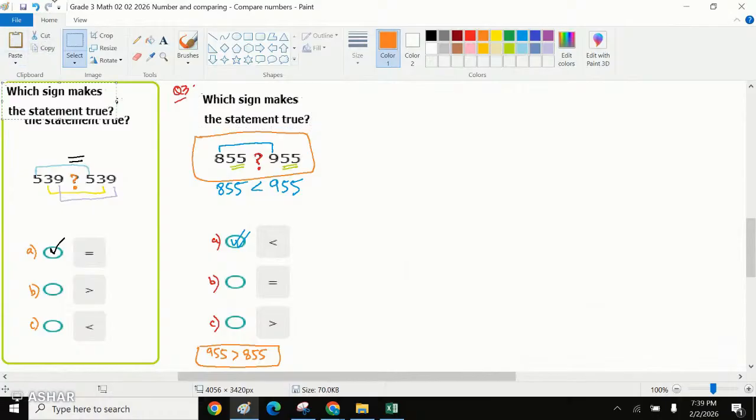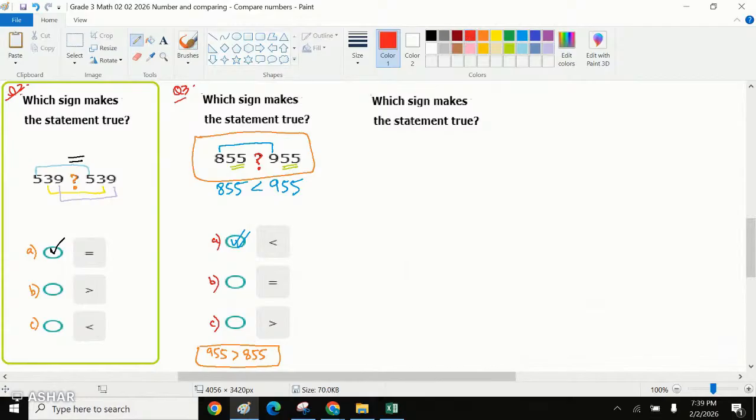Question number 4 from the test says, let me just copy this. This is our question number 4. Just a moment, please. The next question says 114 and 116.